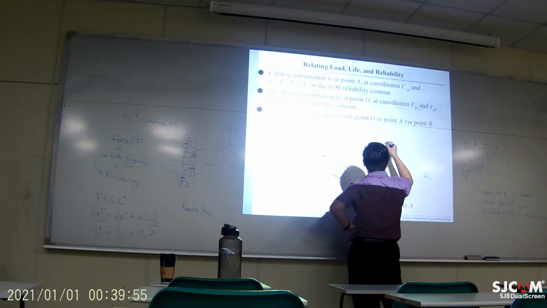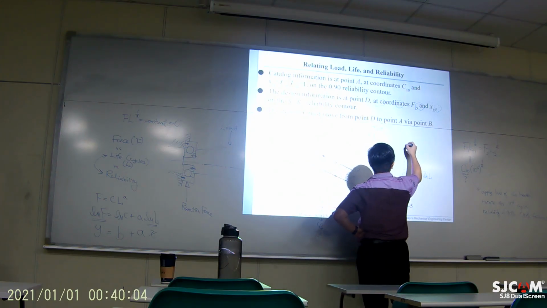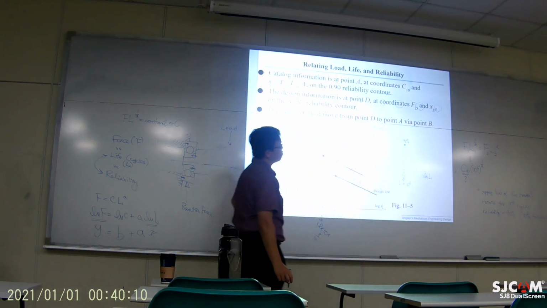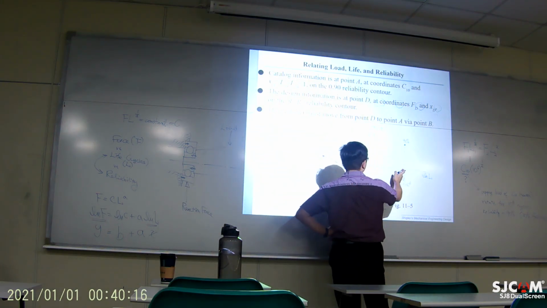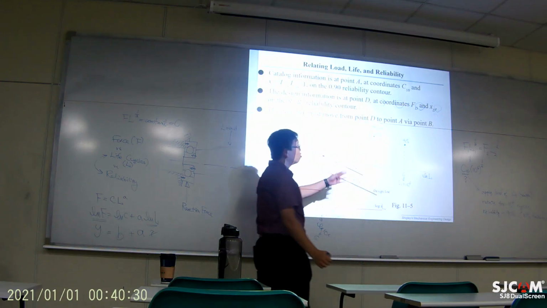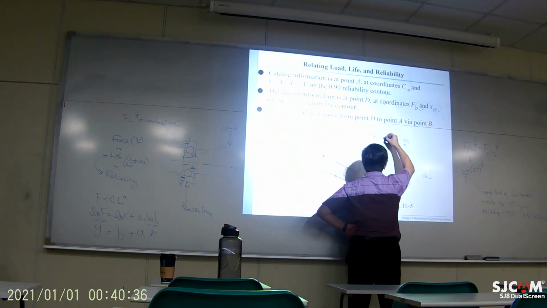If you study reliability up to 6, which means life equals 10 to the power of 6, you get 90% reliability. How about the reliability when you have fewer cycles? You usually have a much higher reliability. So this is like 100% right here if you don't have any cycle, and then the reliability usually drops.